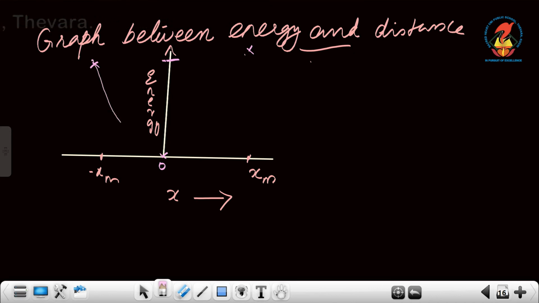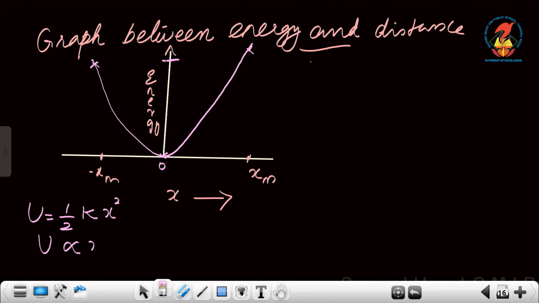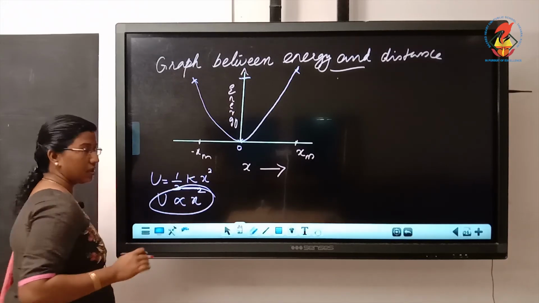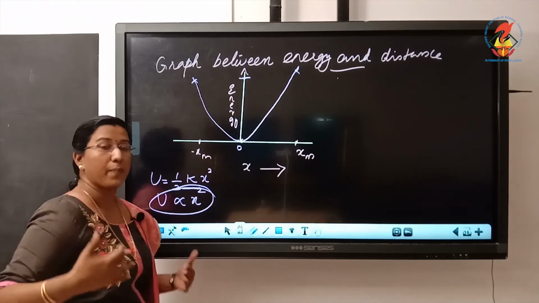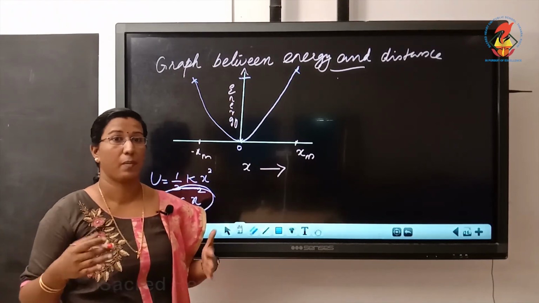If you draw a graph, you will get a shape like this. Why? Because you know the equation for potential energy is U is equal to half k x square. So U is proportional to x square, and for U proportional to x square, or y proportional to x square, the shape of the graph will be parabolic.